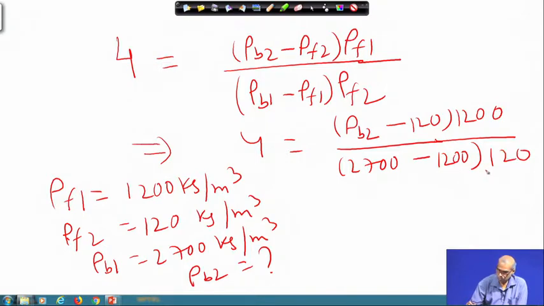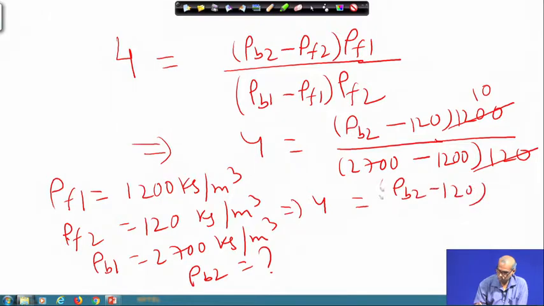So, this will become 10. So, 4 equal to rho B2 minus 120 into 10 by 1500. So, this also goes.